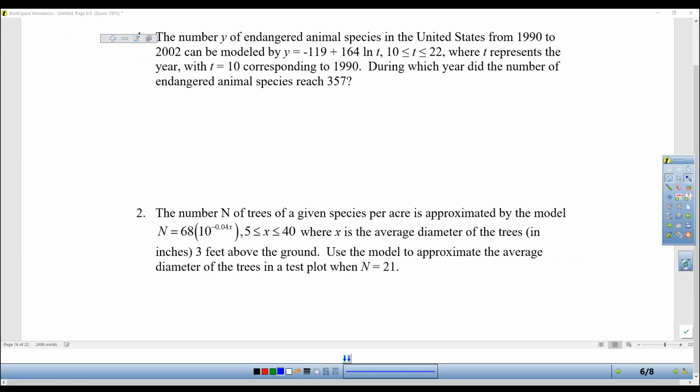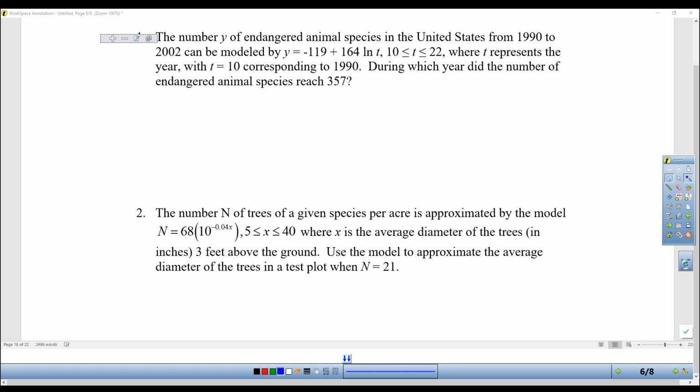All right, let's do our word problem applications. The first one says, the number y of endangered animal species in the United States from 1990 to 2002 can be modeled by this equation. It works for 10 to 22, where t represents the year, t is 1990, and then 22 would be 12 years later, which would be 2002.